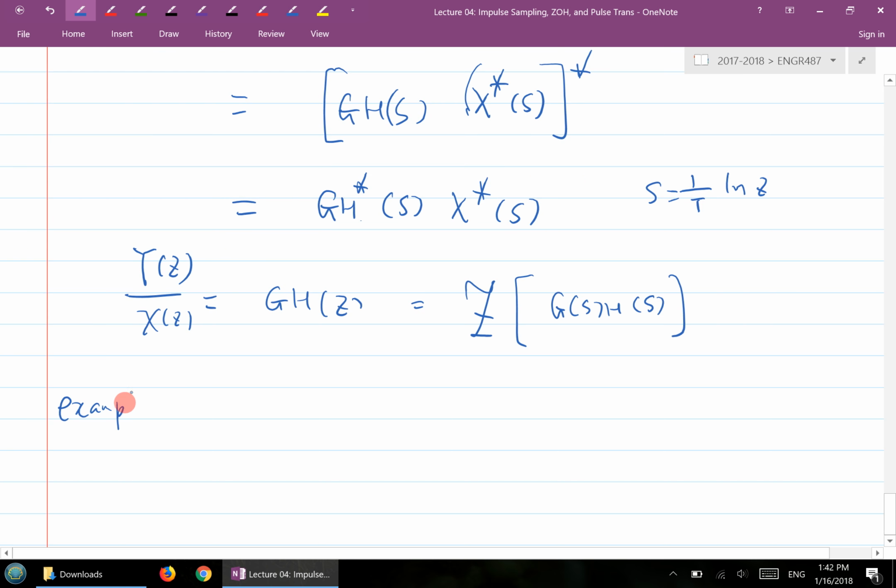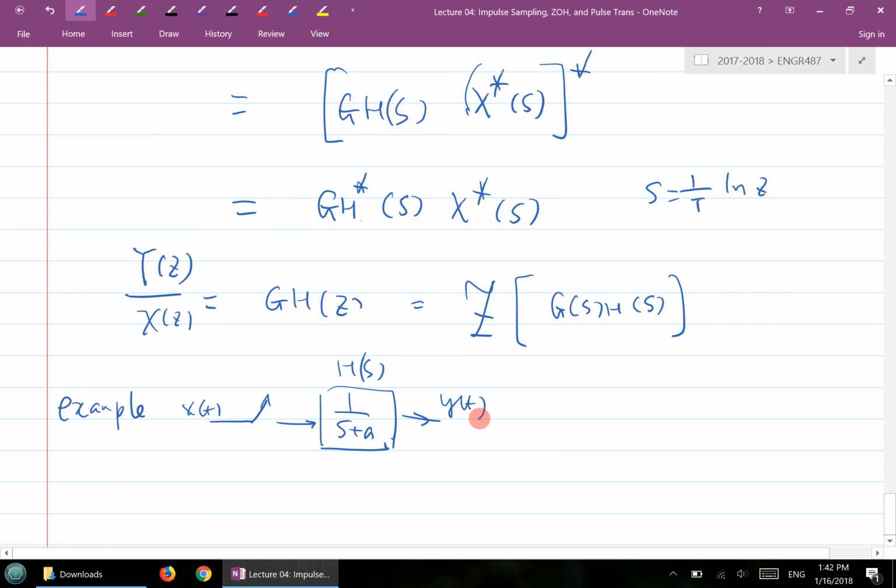Let's say I'm dealing with a block like this. Suppose this is a block we're dealing with here, a simple block. You can consider this is H of S here, and here's input X, and here's output Y.